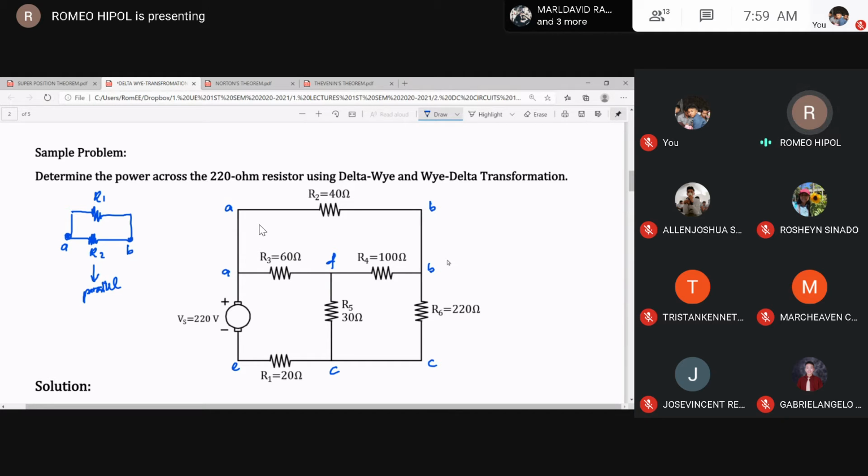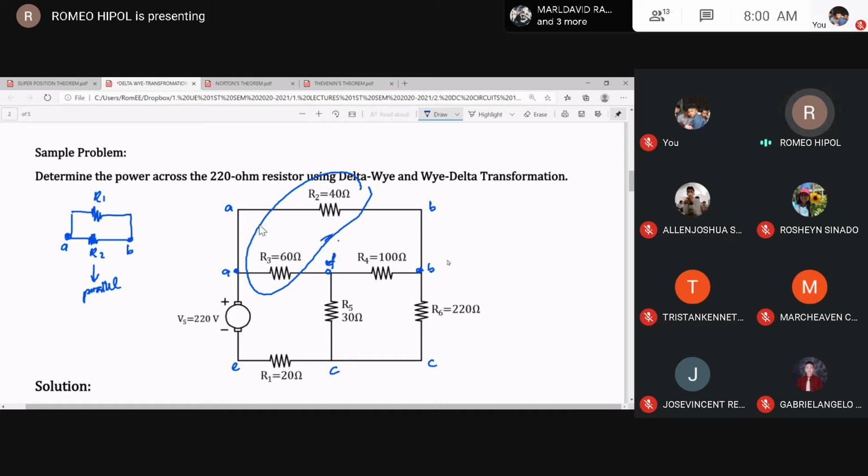But if we analyze this problem, is the 40 ohm parallel connected to the 60 ohm? The end terminals of R2 and R3 are connected at the same terminal, which is A. But their other ends are connected at different terminals. R2 is connected at terminal B while R3 is connected at terminal D. So really, they are not parallel connected.